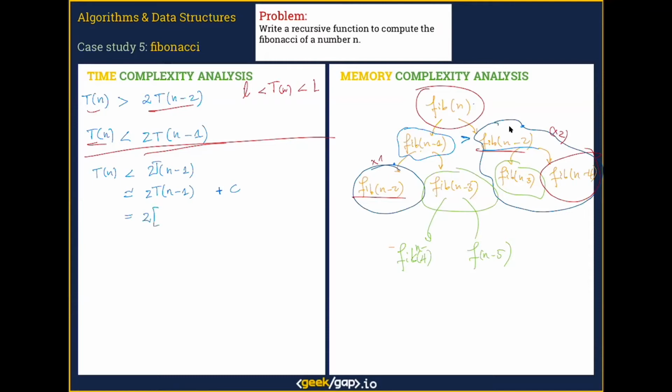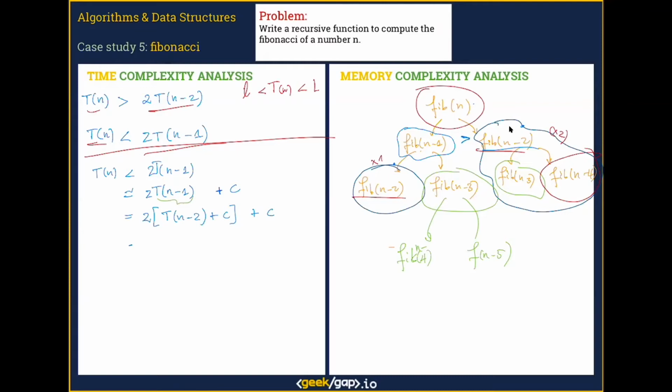Now we also break this piece down and say it's equal to T of n minus 2 plus another constant plus the previous constant, right? Great.